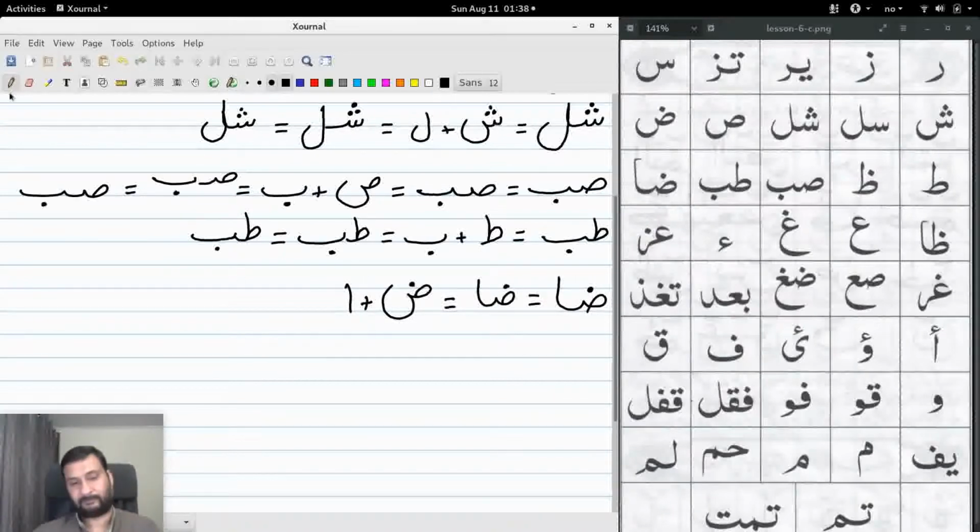Alright. Dha alif, dha and alif, and when dha is in the beginning of the word, it takes this form, and then alif or any other letter would join it.